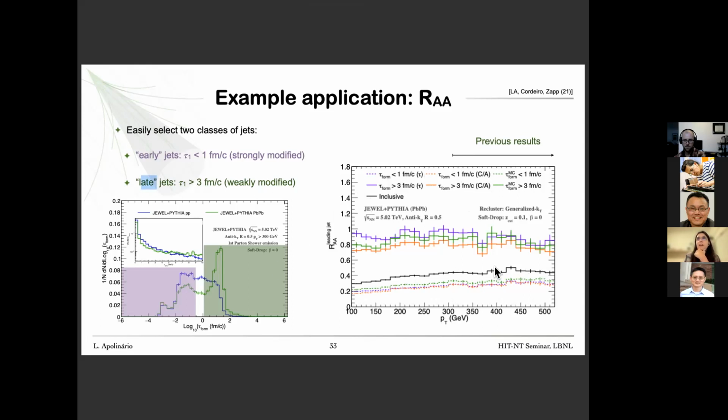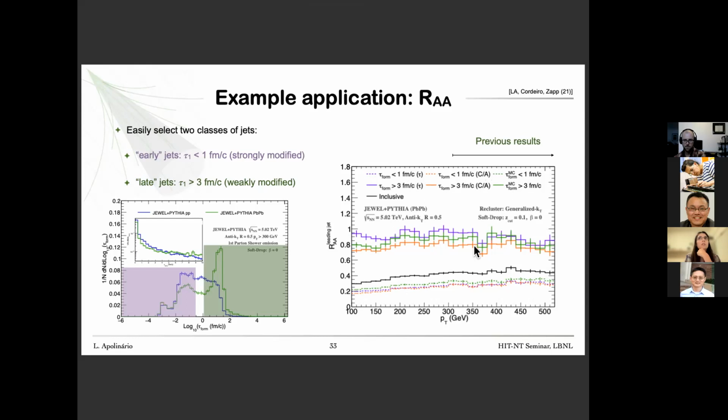For reference, in black is just the reference from the Monte Carlo sample. And here in solid green, we have the Monte Carlo truth, and orange and purple are the ones obtained with Cambridge-Aachen trees and tau recluster trees. As you can see, despite the differences between them, tau seems to always perform better and correlate better with the Monte Carlo truth.